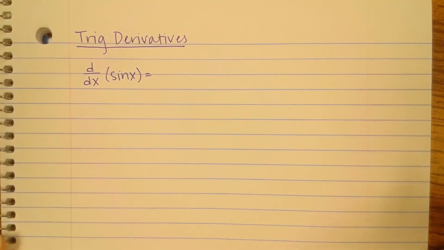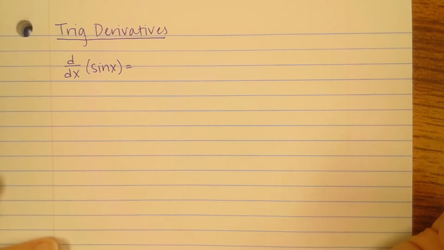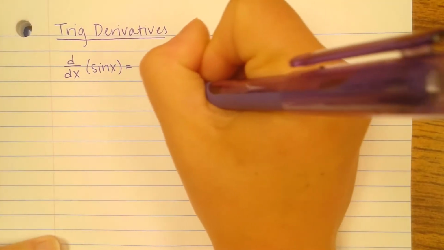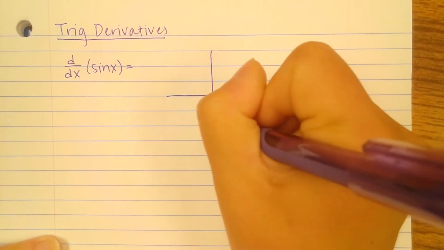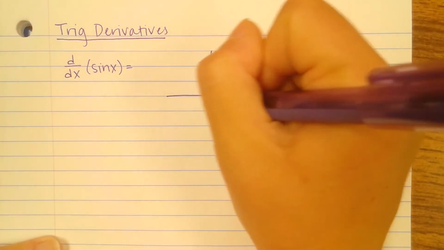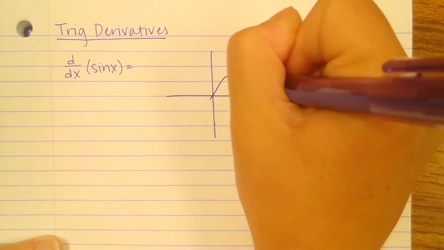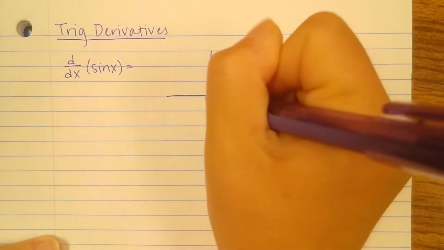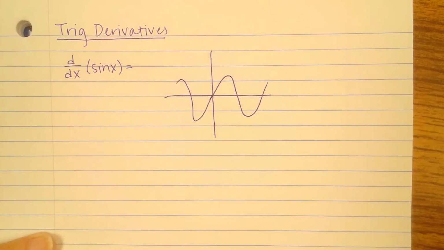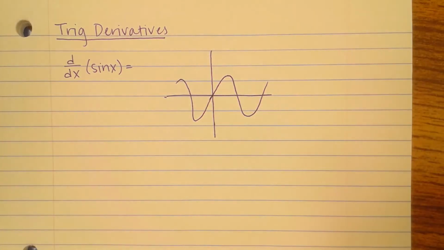We're going to look at the derivative of our function sine x, and like I said, I'm going to look at that graphically. So just a quick sketch of what sine should look like. That's kind of wobbly, but you get the picture.